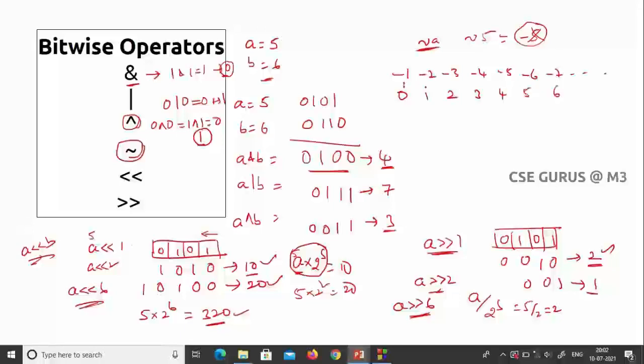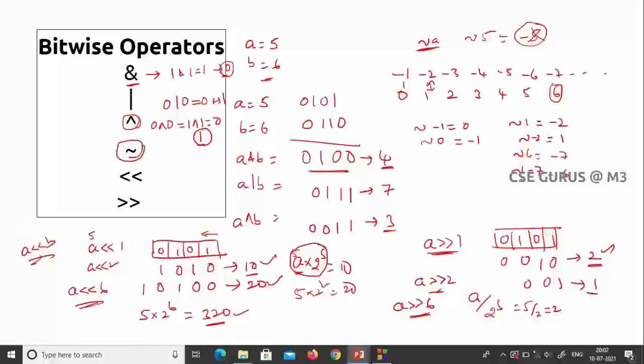Now you can see these two are tilde of each other. Tilde of minus 1 is 0, tilde of 0 is minus 1. Tilde of 1 is minus 2, tilde of minus 2 is 1. Like this, tilde of 6 is minus 7, tilde of minus 7 is 6.